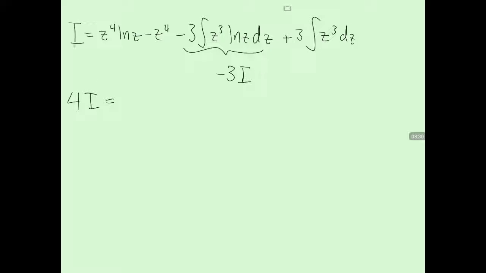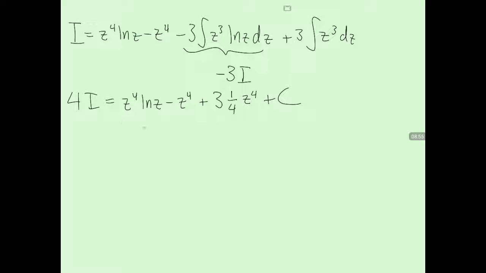So we have 4I equal to z to the fourth ln z minus z to the fourth plus 3 times the integral of z cubed, which is just 1 over 4 z to the fourth, plus an integration constant.